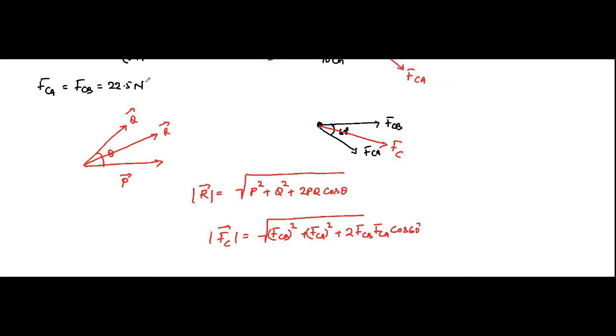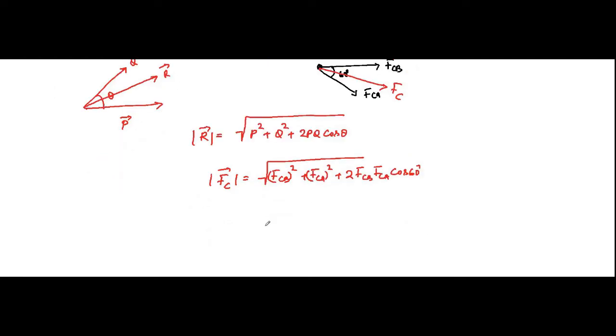Now as it is equal to 22.5 Newton, we can write it as F, let's say. So that is equal to root over F square plus F square plus 2F square cos 60 degree.